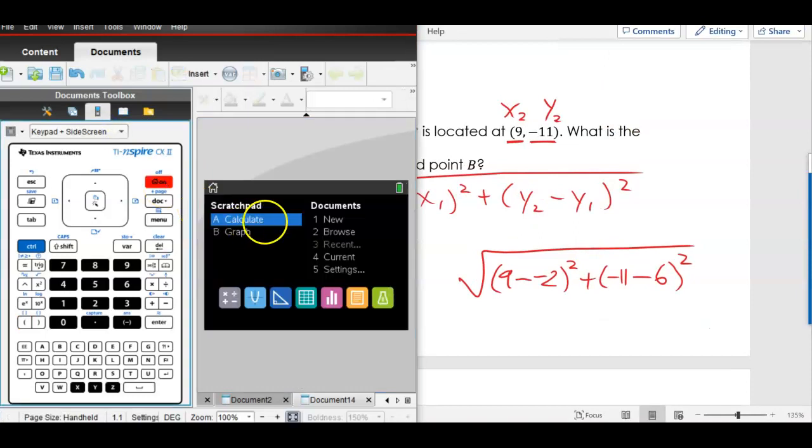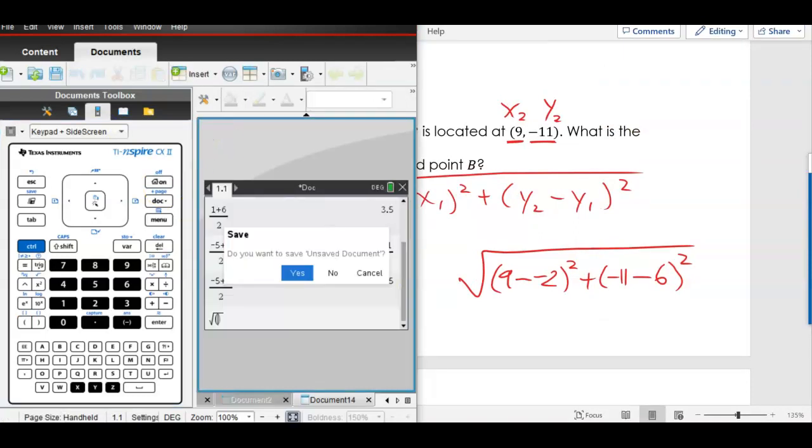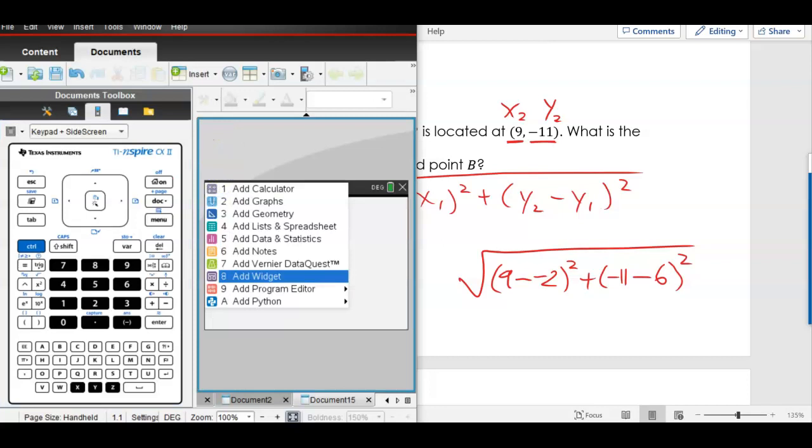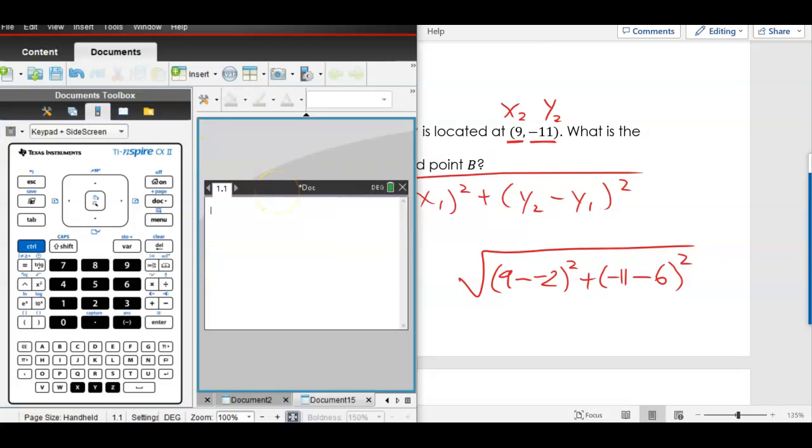So on new, number 1, don't save, and then number 1. Let's go ahead and type this in. So control x squared is my square root. Parentheses is right here. 9 minus sign, negative sign 2. Parentheses squared. Don't go to the right.